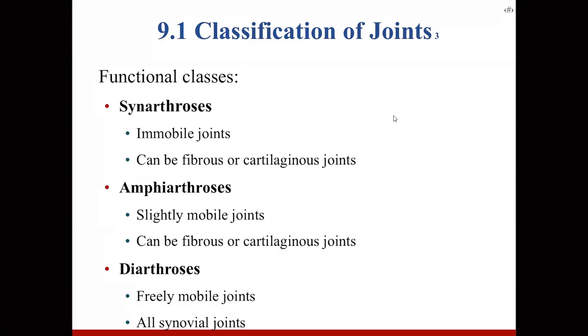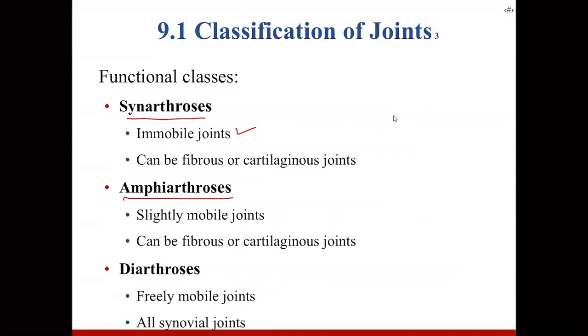Okay, then functional is basically how they move and if they move or not. Okay, and these are the key features underneath them. So synarthrosis, don't move. Okay, so they're immovable, so little to no movement.